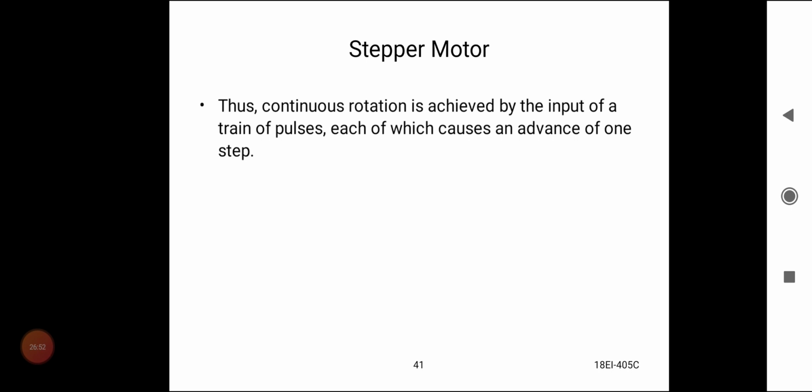Thus, continuous rotation is achieved by the input of a train of pulses, each of which causes an advance of one step.